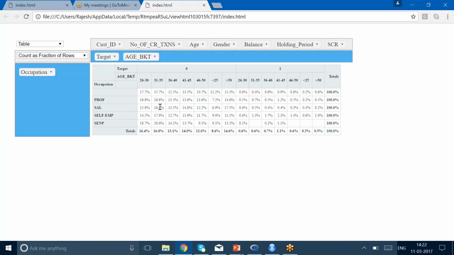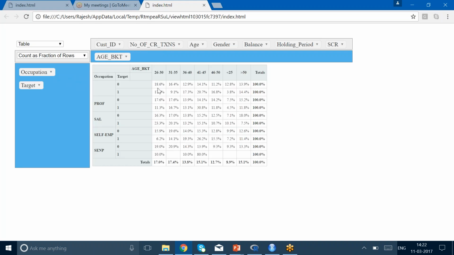What proportions are now coming, I don't know, but I can now compute a crosstab between target, basically I can do a cross tab between age bucket and occupation and see what proportion of customers who are in 26 to 30 are in this cell zeros and are in this cell. Let me put this here.